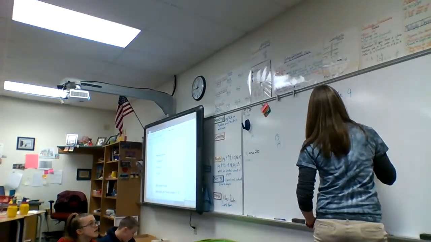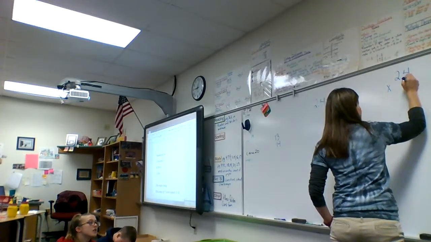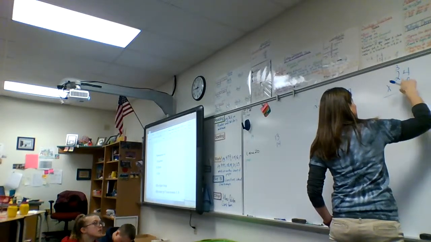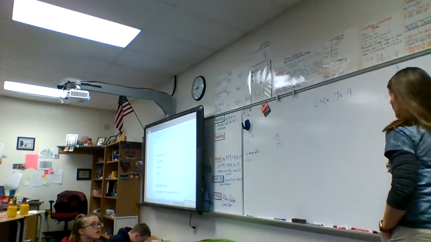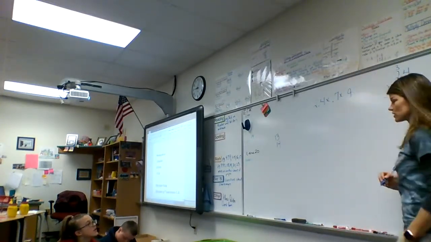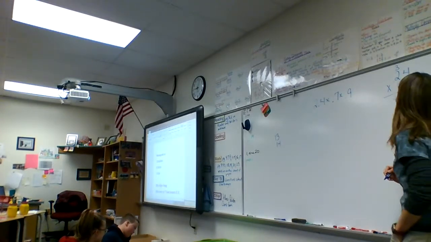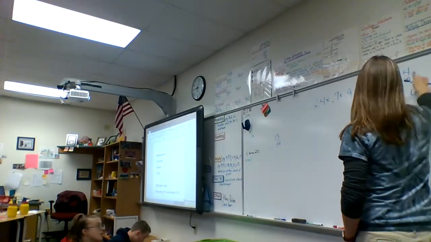Okay, so let's do 2.4 times 0.9. 6, 3, 18, 19, 20, 21. So I have 2 decimal places. When you multiply, did you get 21 or 2.16? Did you see your 2 decimal points?